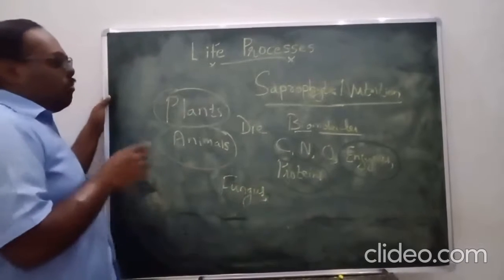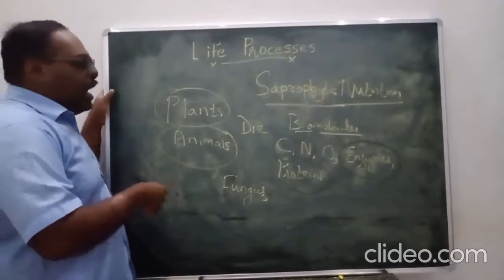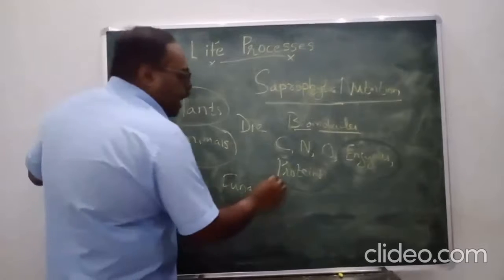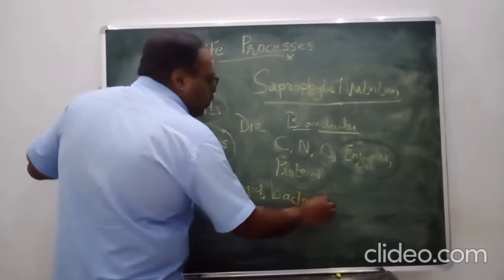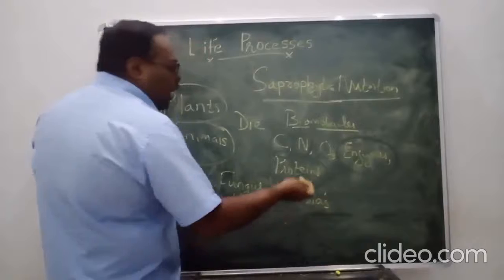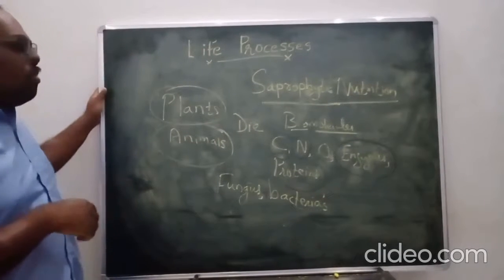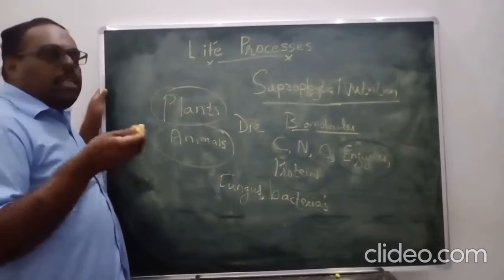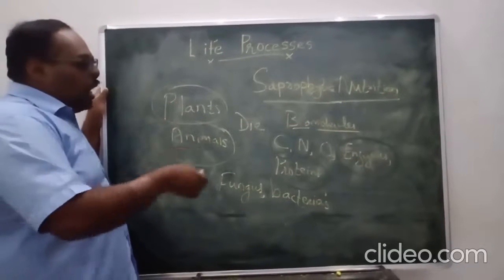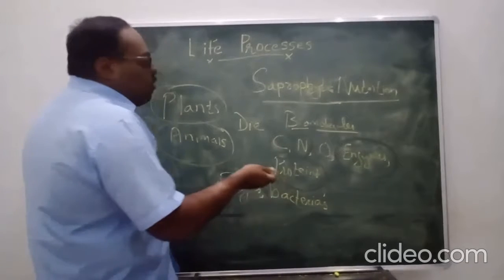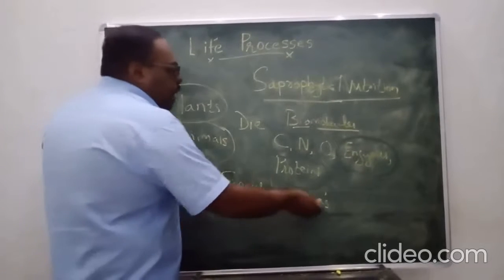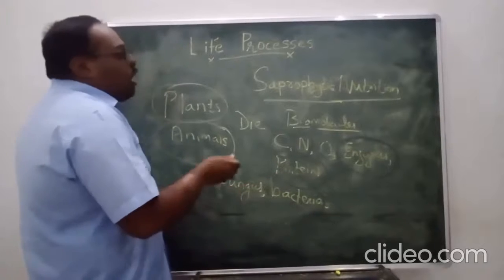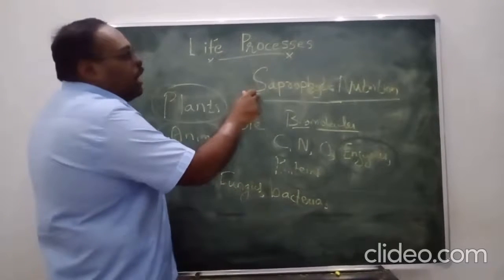They grow wherever dead plants are there, and some bacteria will act on our human dead bodies whenever the body is dead. So this type of nutrition, taken by these organisms, is known as saprophytic nutrition.